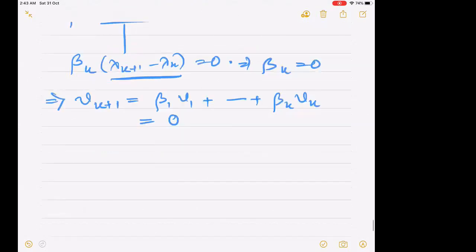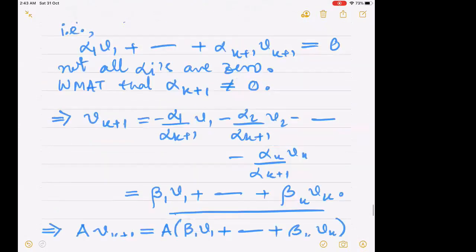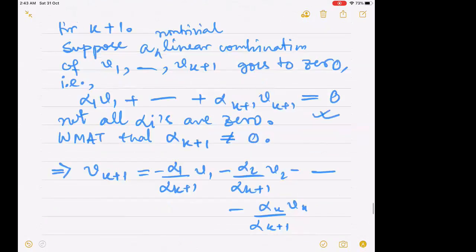This is a contradiction to vk plus 1 being non-zero, which then means that our starting assumption, that in this linear combination going to 0 alpha k plus 1 is non-zero, must be untrue. But then if that is untrue, that means alpha k plus 1 has to be 0.